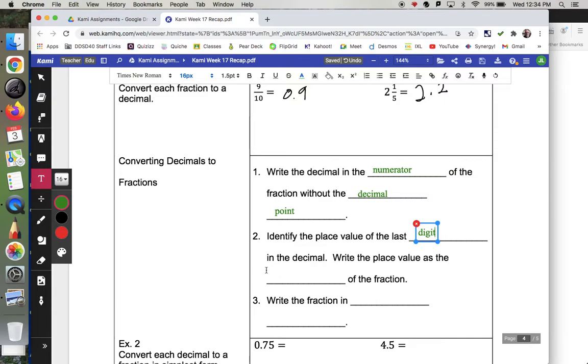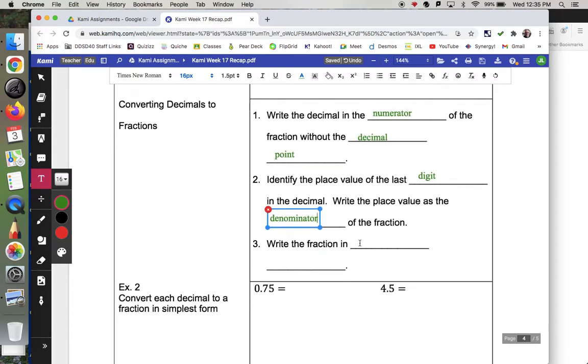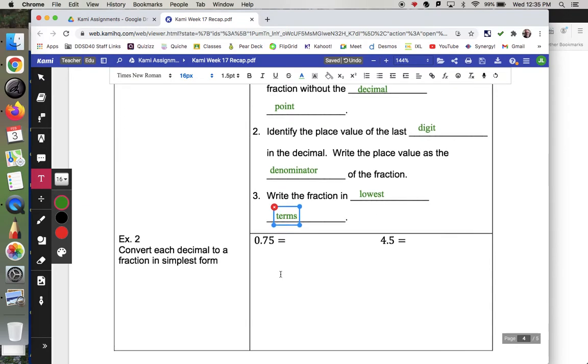And then write the place value as the denominator. And then write it in simplest form, or lowest terms. If you put simplest, then that's fine. If you said simplify, that's fine.